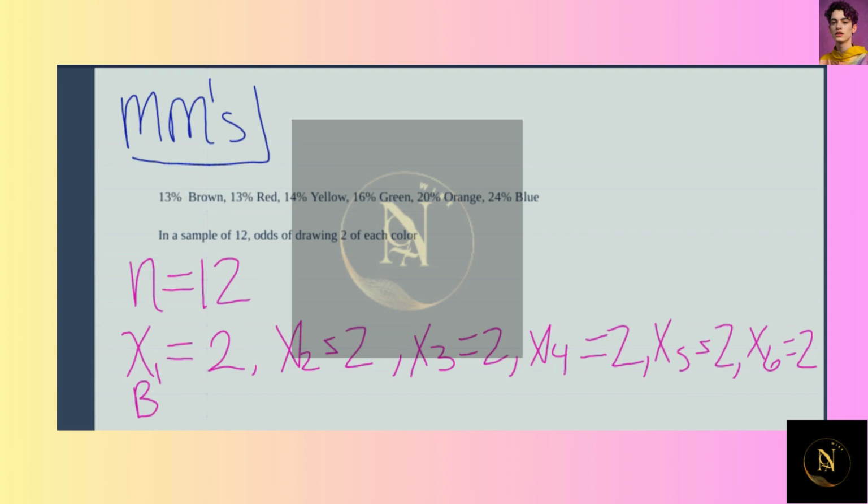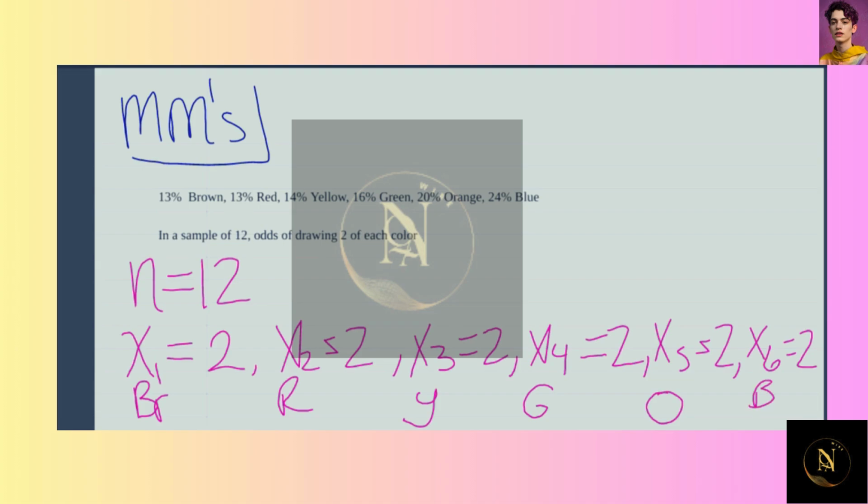Like I said, you can assign each color to be X1, X2, so on. That actually might be a little bit better, so I'll say BR for brown, R for red, Y, G, O, and then B for blue.